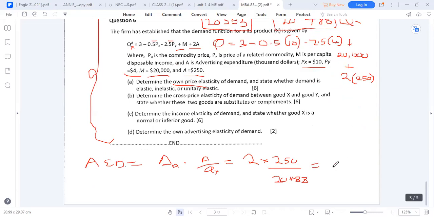So here we're going to get 0.0244. So in this case, we can tell that advertising is inelastic. All right. Of course, I have not asked us to comment, but what can you tell me about the advertising elasticity?